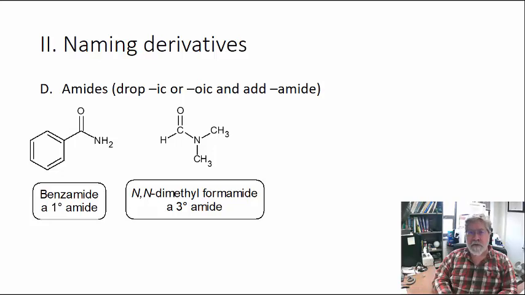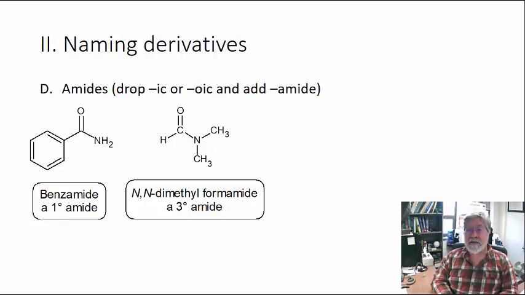Now notice in front of the dimethyl, I have two capital italicized N's. When substituents are attached to nitrogen, in the case of organic compounds, we use a capital italicized N to specify where the substituent is attached. Numbers tell us where a substituent is attached relative to a carbon skeleton. So when nitrogen is involved and there's a substituent attached there, we use a capital N. And you'll see that throughout organic compound nomenclature.